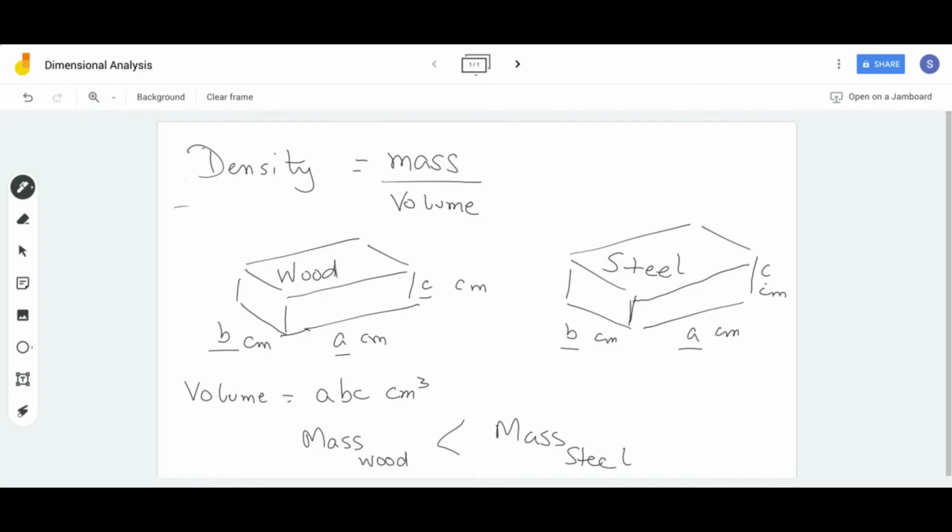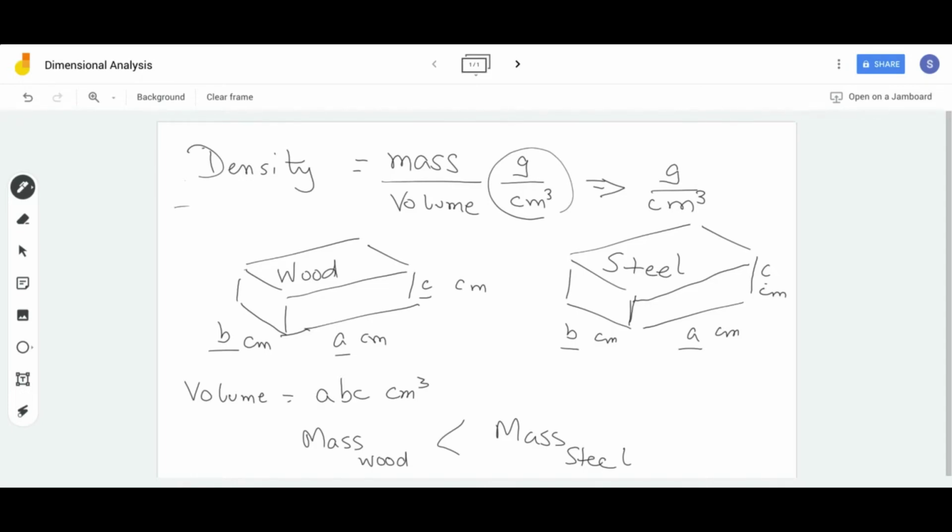So if these blocks are small enough and they're measured in grams, then with mass in grams and volume in centimeter cube, the density units are going to be grams per centimeter cube, right? So that's one way to do it.